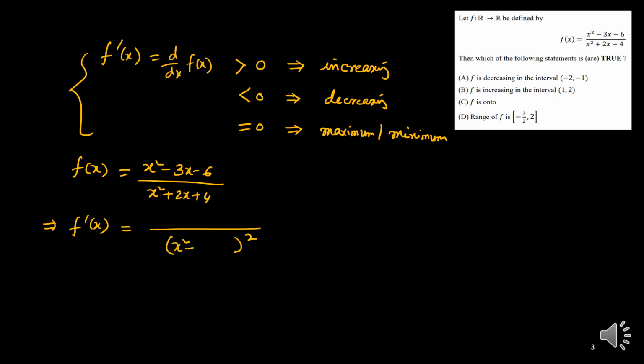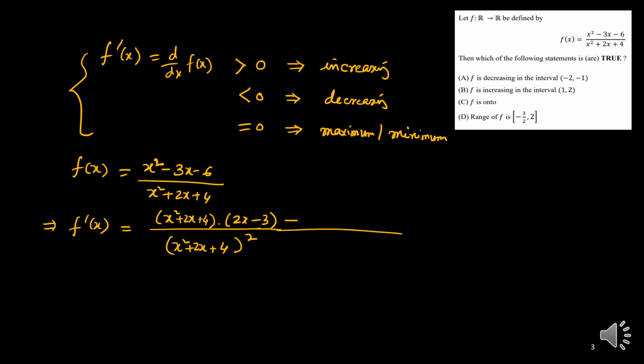So this is x square plus 2x plus 4, that whole square. Then this numerator, x square plus 2x plus 4, we keep constant here. Then we take the derivative of the numerator. So the derivative of x square is 2x, and the derivative of minus 3x is minus 3, and the derivative of 6 is 0. Minus sign.